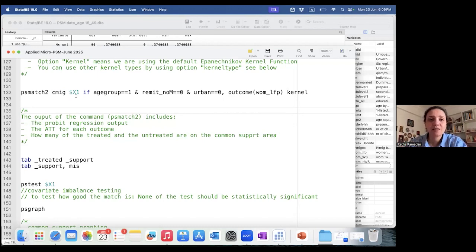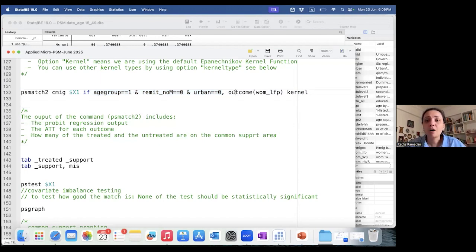And here, just for simplicity, because I specified to STATA in the beginning that the x1 vector includes all my variables of interest, I will just call this vector $x1. If I wanted to specify the specific group I talked about, between 20 and 49, living in urban areas and receiving remittance, I would add an if condition.